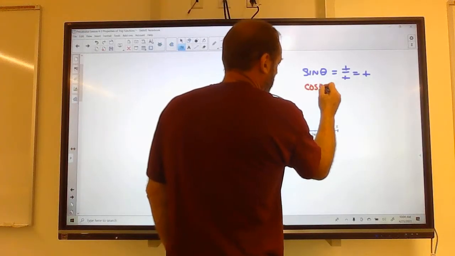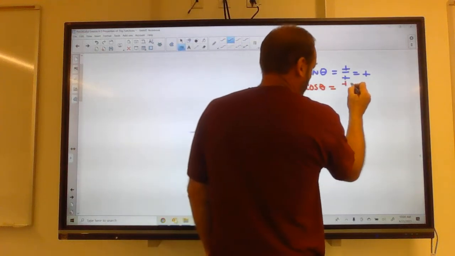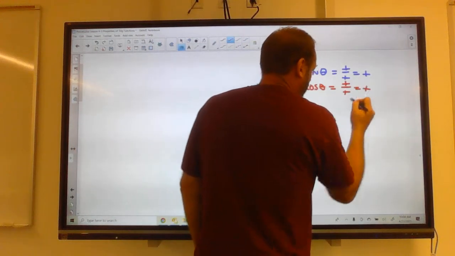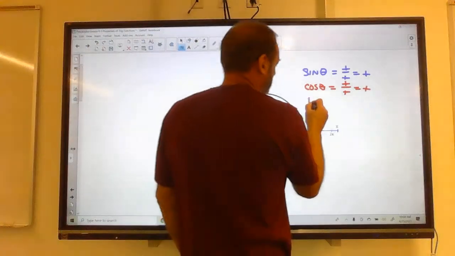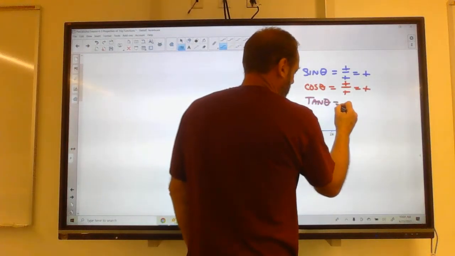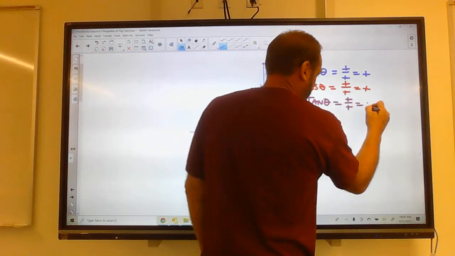Cosine, the adjacent's positive and the hypotenuse is positive, so that's a positive over a positive, so that's a positive. And the tangent is the opposite over the adjacent, which is a positive over a positive, which is a positive.